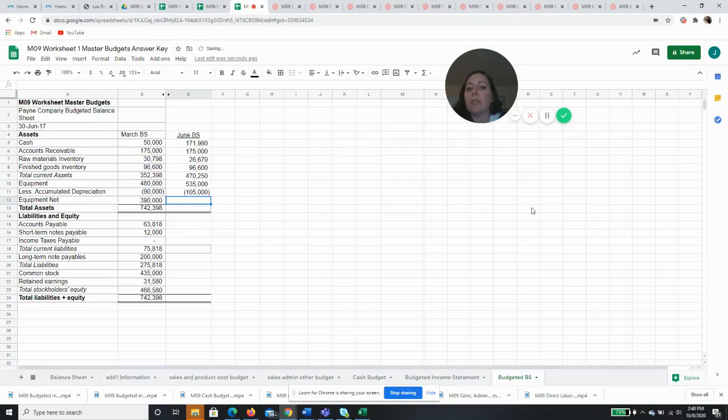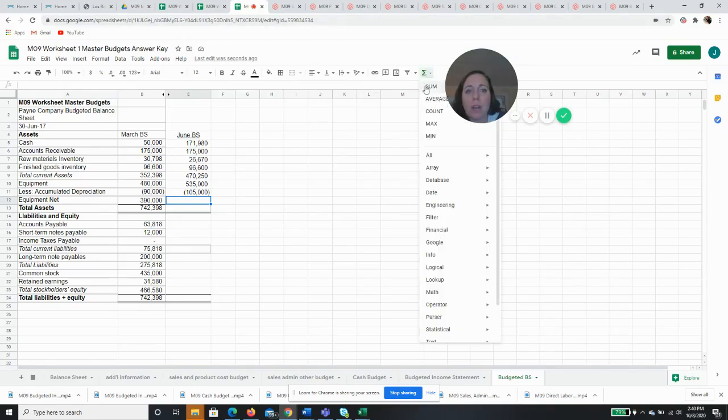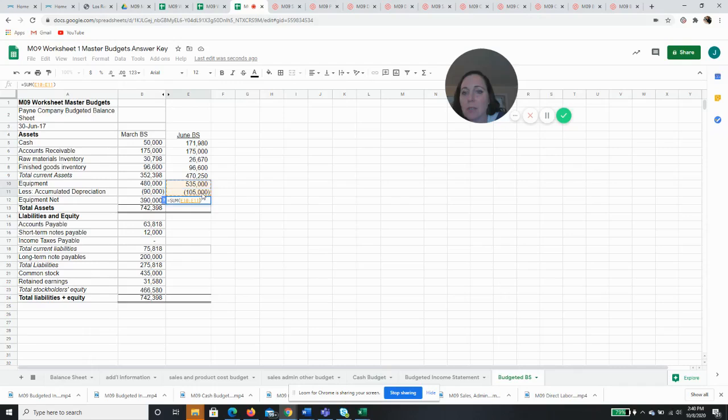We get accumulated depreciation of 105,000. So then we know that our net equipment cost as of the end of June is $430. So when we add our long-term assets of equipment to our current assets, $472.50, we get total assets of $902.50.